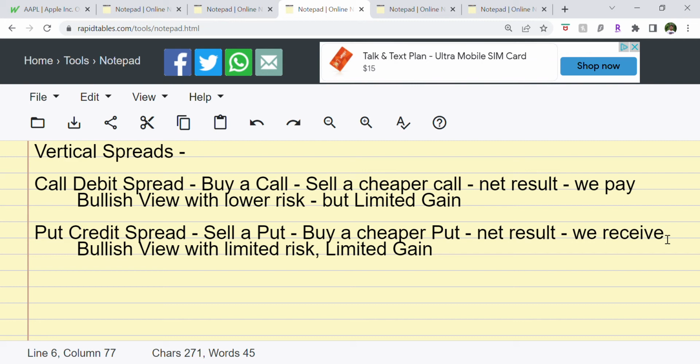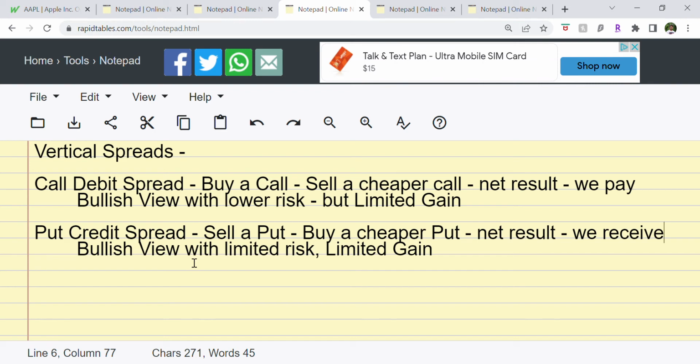So you are selling something for 25, you are buying something for 23, so you are collecting 2.00 as an option price from the market, and if you use the lot size, you are collecting $200. So that is a credit spread, put credit spread. Again, here we have a bullish view.